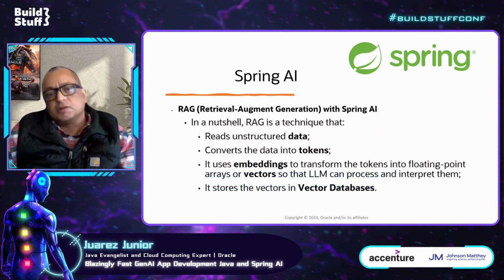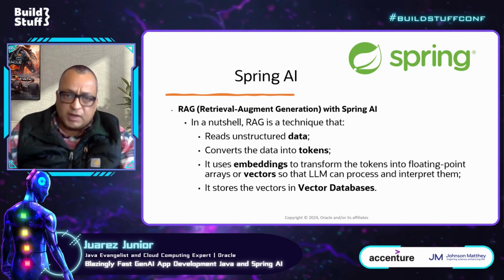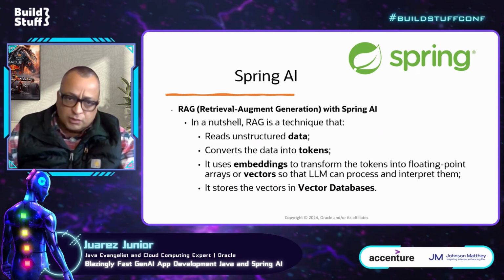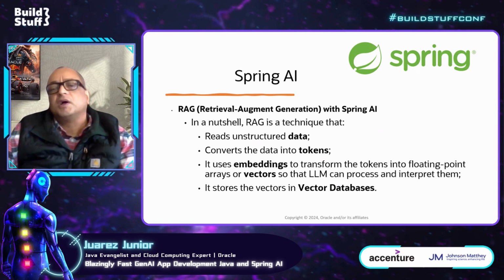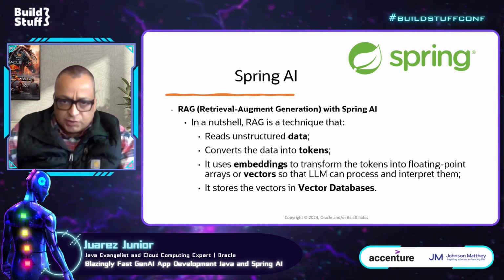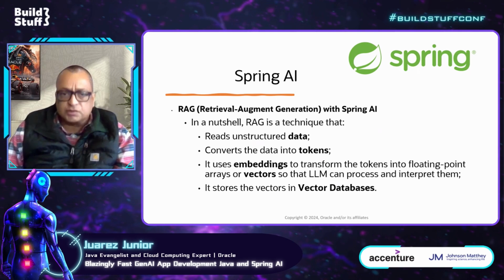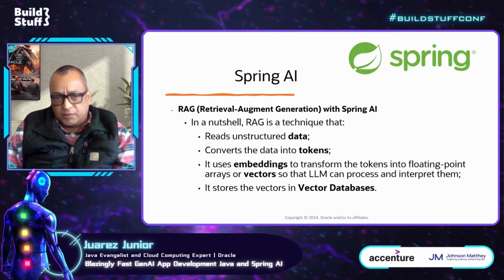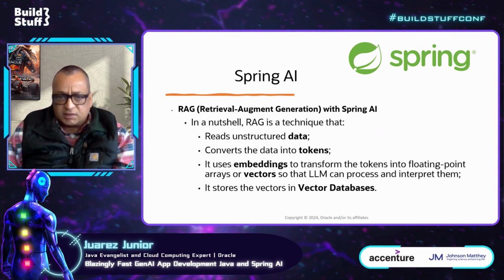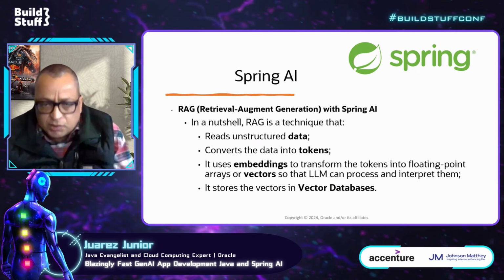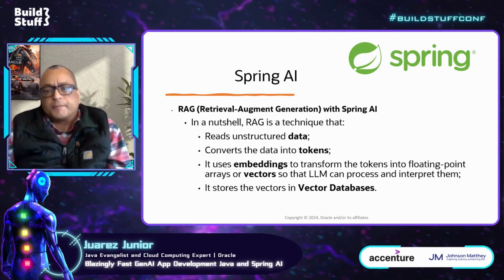So with RAG, in a nutshell, we have this process. As I said, usually you ingest unstructured data that gets converted to tokens, floating point vectors. And then we store those as embeddings using a vector database. In our case, that's the Oracle Database 23 AI.